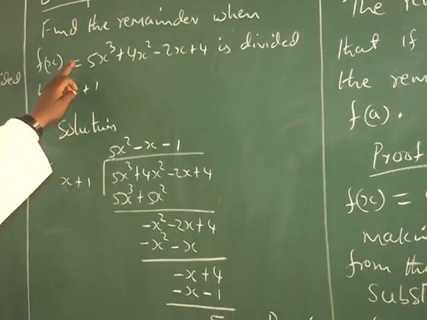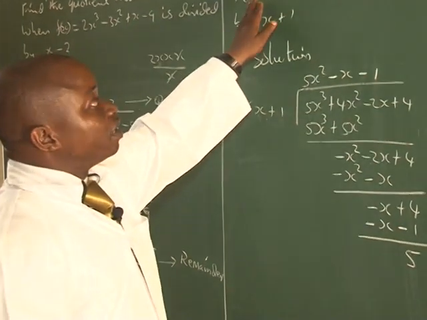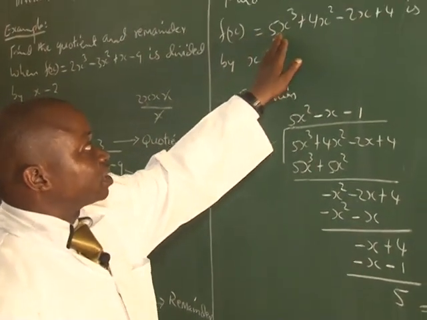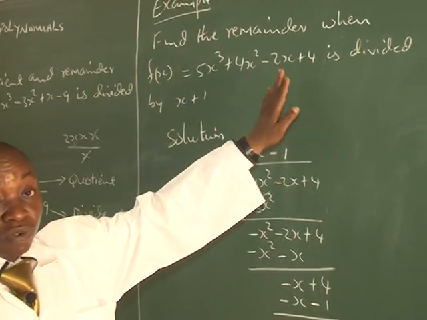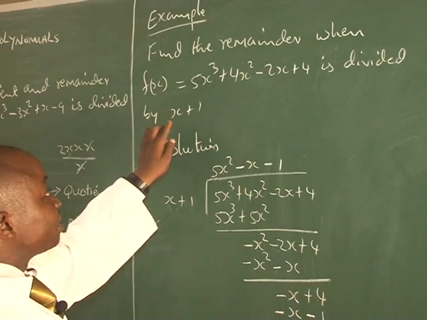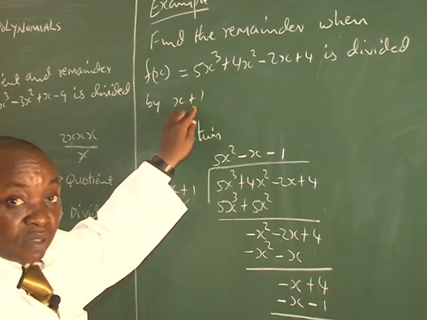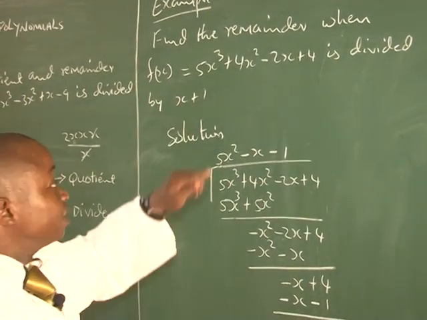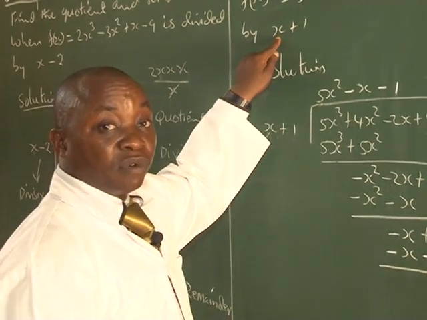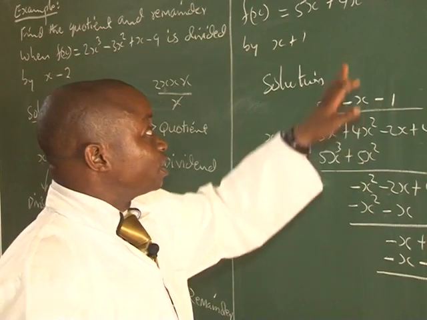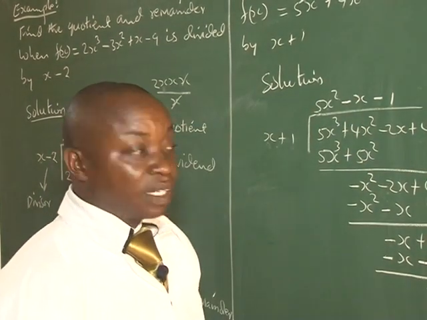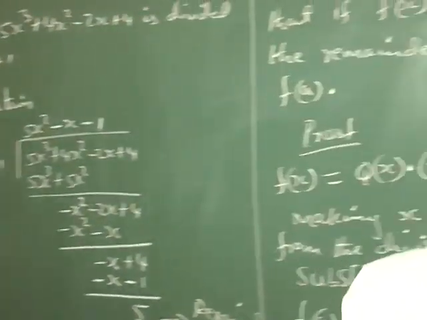Because the dividend is given, which is f of x equal 5x cubed plus 4x squared minus 2x plus 4, and the divisor is x plus 1, we are going to make x the subject of the formula from the divisor. And when we do that, we now substitute it into f of x. That will give us the remainder. Now let's see it.